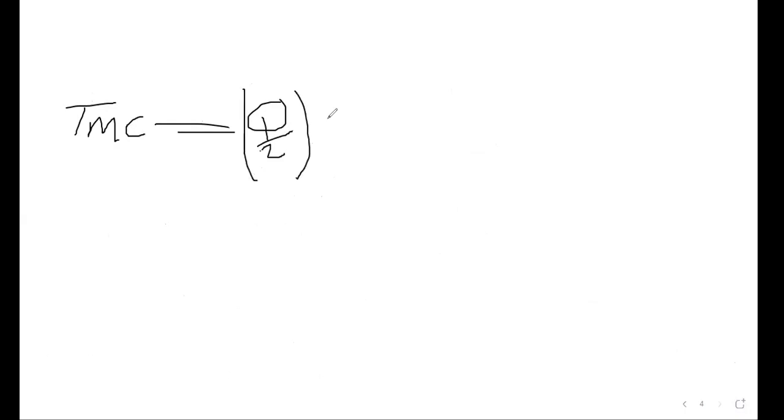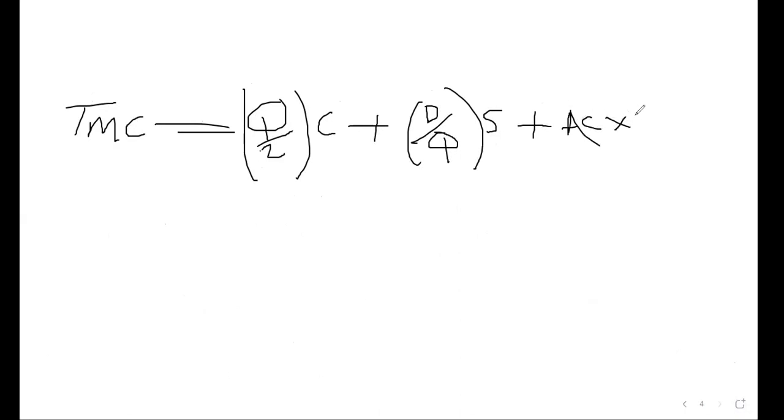So total material cost has to do with the aspect where we look at the annual carrying, which is Q over 2 to build up, then by C, plus D over Q by S, then plus AC times D. So this is about the total material cost.